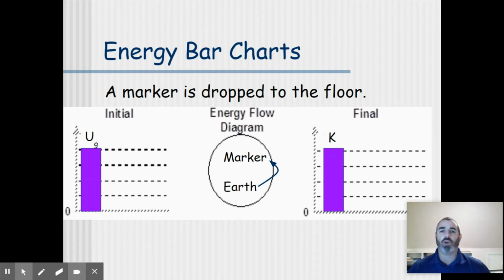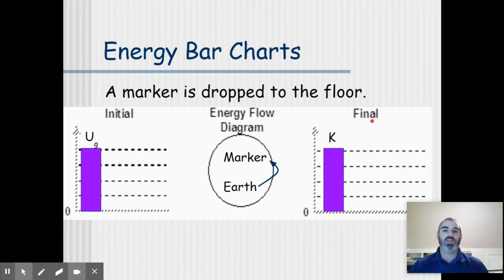Now, the point of drawing the energy bar charts is to end up writing our conservation equation. The law of conservation of energy equation states that the initial situation plus any energy that's transferred in or taken out of the system is equal to our final situation.